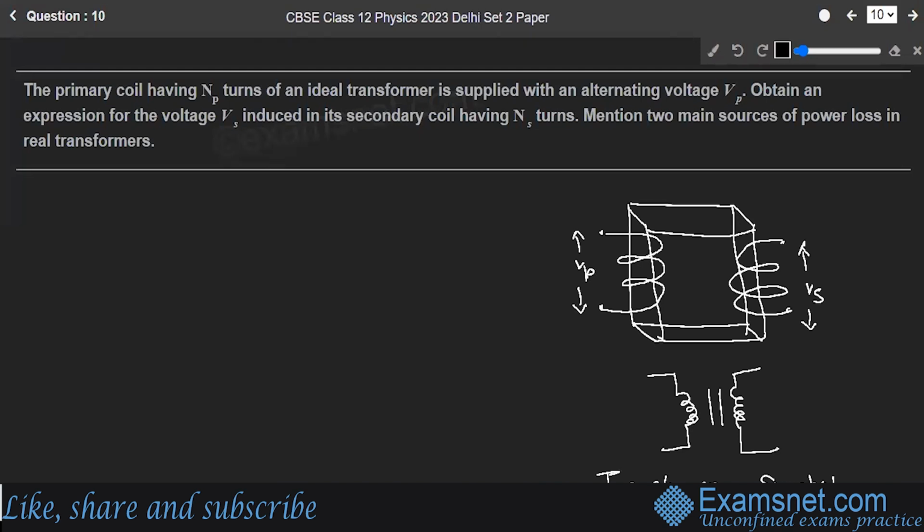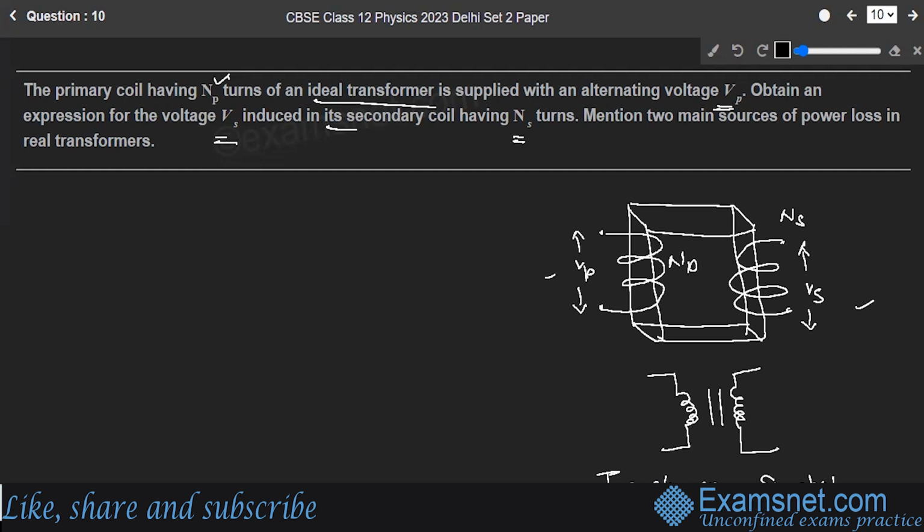Then the primary coil having NP turns of an ideal transformer is supplied with an alternating voltage VP, which is over here. Obtain an expression for the voltage Vs induced in its secondary coil of NS turns. Mention two main sources of power loss in real transformers. Okay, so this is having the number of turns NP and this is having the number of turns NS.